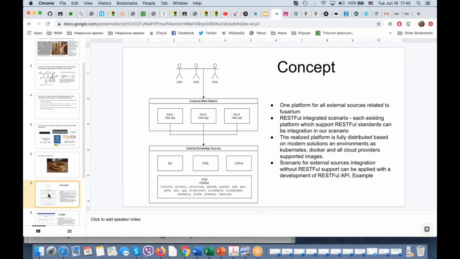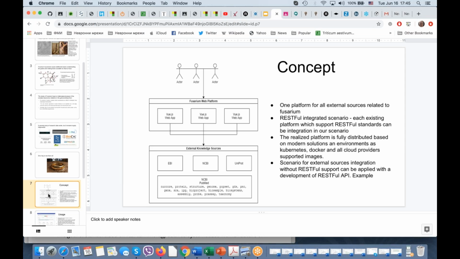The first concept is to develop one platform for all external sources related to Fusarium. After that, to develop the application interface. So we use the RESTful APIs for each existing platform, and RESTful standards can be integrated in our scenario.